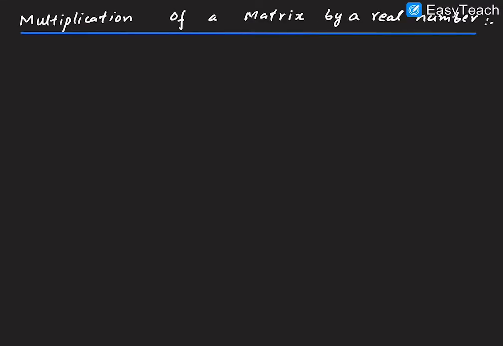Next is multiplication of a matrix by a real number. Let k be any real number, or you can say any scalar. All real numbers are scalars also. So how will we multiply a matrix by a real number?